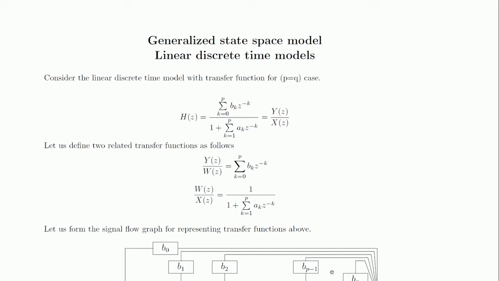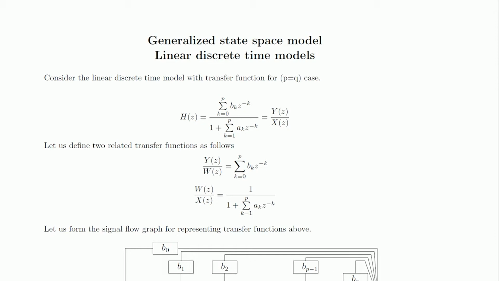So, let the transfer function H of z be given by Y of z by X of z, and this is basically the numerator polynomial which is given by sigma k equals 0 to p b suffix k z power minus k, divided by this denominator polynomial which is 1 plus sigma k equals 1 to p a k z power minus k, right.